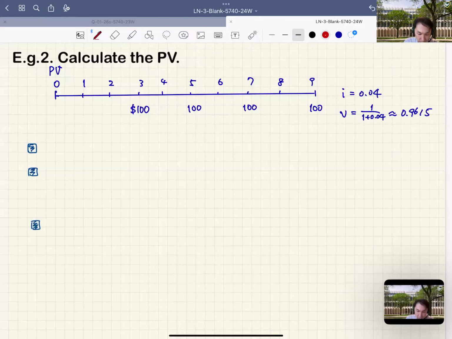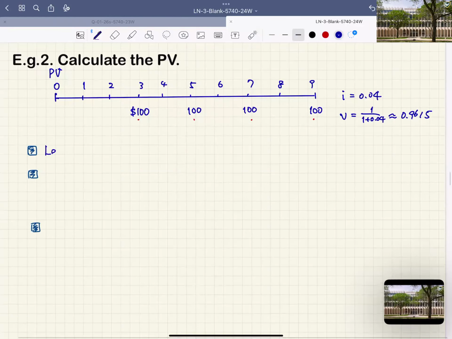Now the first strategy here is that we make the time unit equal to the payment frequency. You can see that the payment is every 2 years, so t is equal to 3, 5, 7, 9. Usually it's most convenient to make the time unit equal to 2 years, the payment frequency.